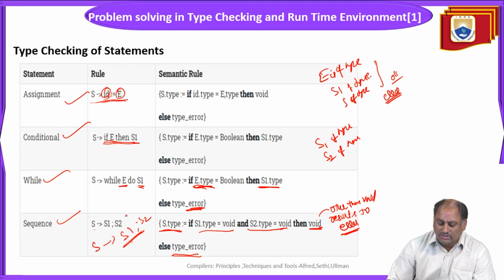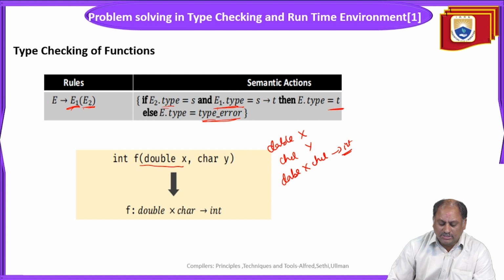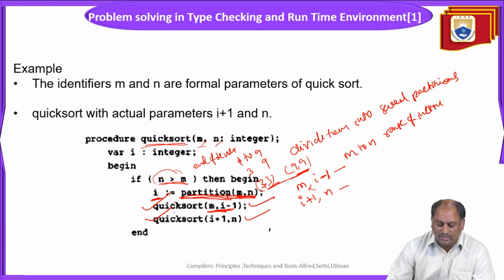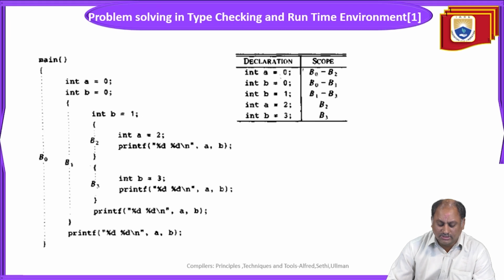And then the type checking of functions, such as an ordinary function which takes the parameters x and y. The result is also verified with the corresponding type. So now we have seen some of the semantic notations for the corresponding expressions.